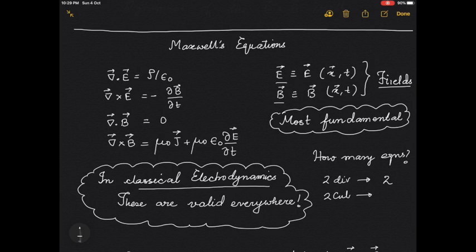So I have 2 into 3, 6 equations there. So total I have 8 equations. But the variables to solve for are 6. The 3 E and 3 B, total 6. So how come I have 2 extra equations? Will they give me some unphysical constraints? Think about it. I will not give you the answer.